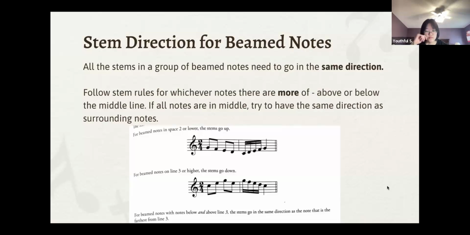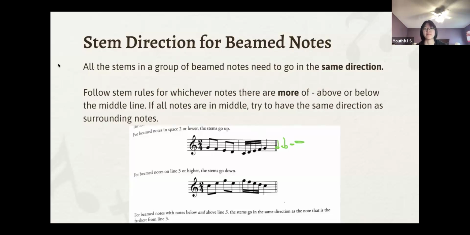And for the same thing, stem direction follows the same rules. If you're joining together notes that are around the middle, pay attention to which side has more notes: if there are more notes below the middle line, have the stems go up.